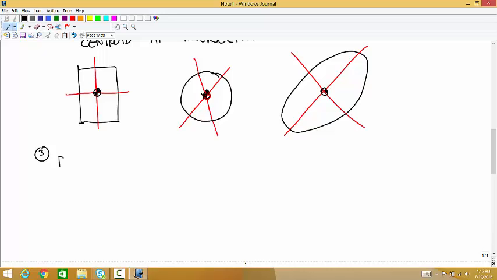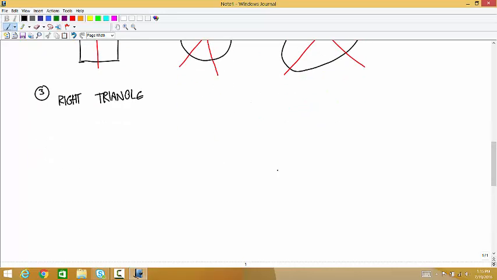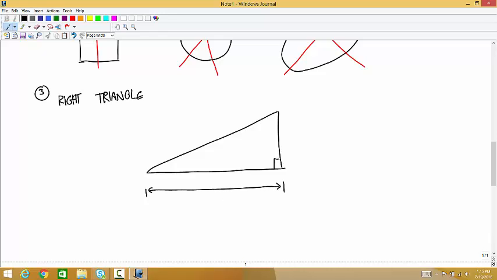Okay, so the last one, we'll use this one all the time, is a right triangle. So if you have a right triangle with a horizontal length B and a vertical length H, the centroid is here.